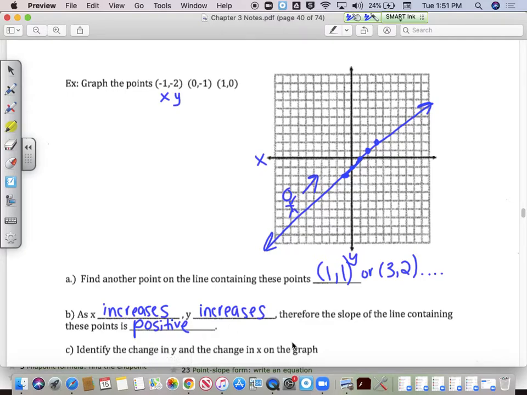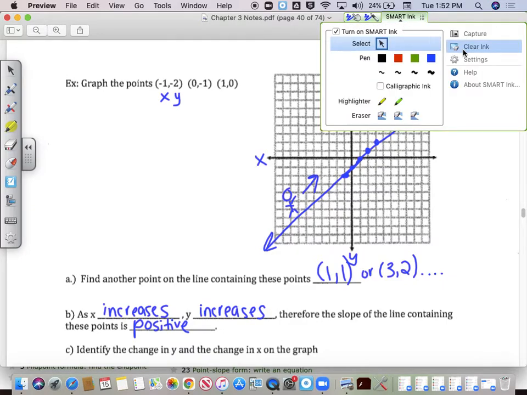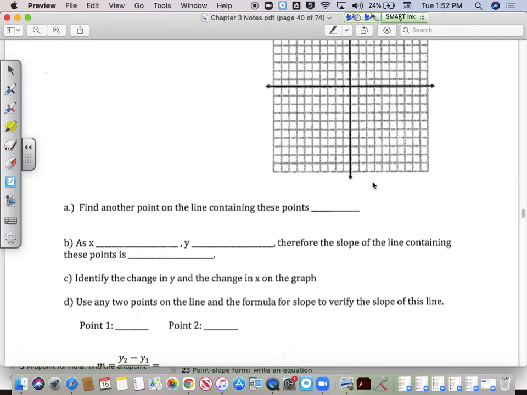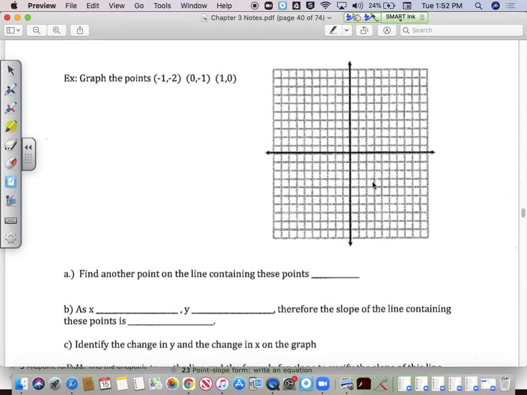It's asking us then to identify the change in y and the change in x. So this is what slope is all about. It's about the change in your y versus your change in x. So if we're looking at this graph, I'm going to have to scroll down here and start over. Looking at this graph, if I plotted these 3 points again, -1, -2, 0, -1, and 1, 0, and I connected this line, and this line's perfect, let's say.